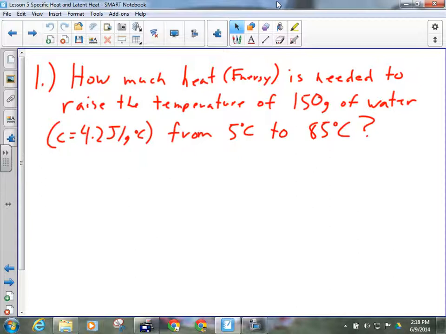These should be gimme marks on your unit exam. If you encounter a specific heat capacity problem out of 5 marks, there is no reason to not get 5 marks. They are simply that easy.